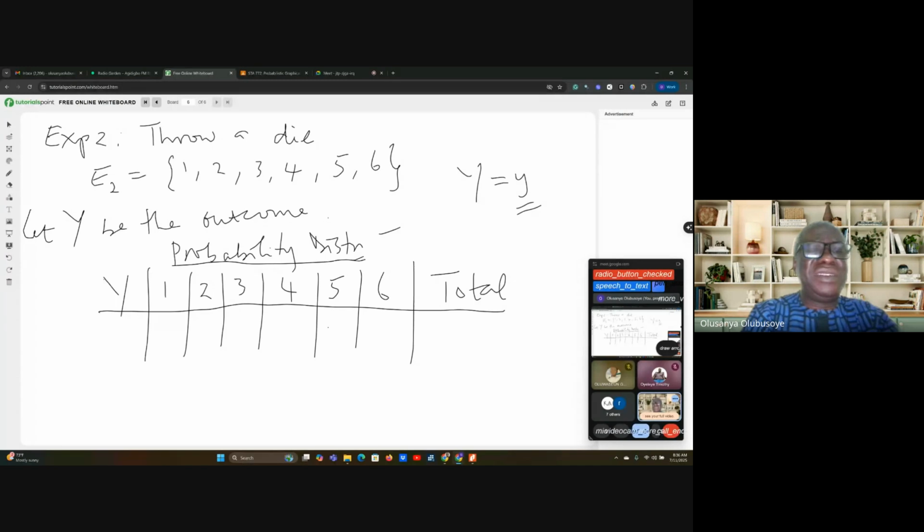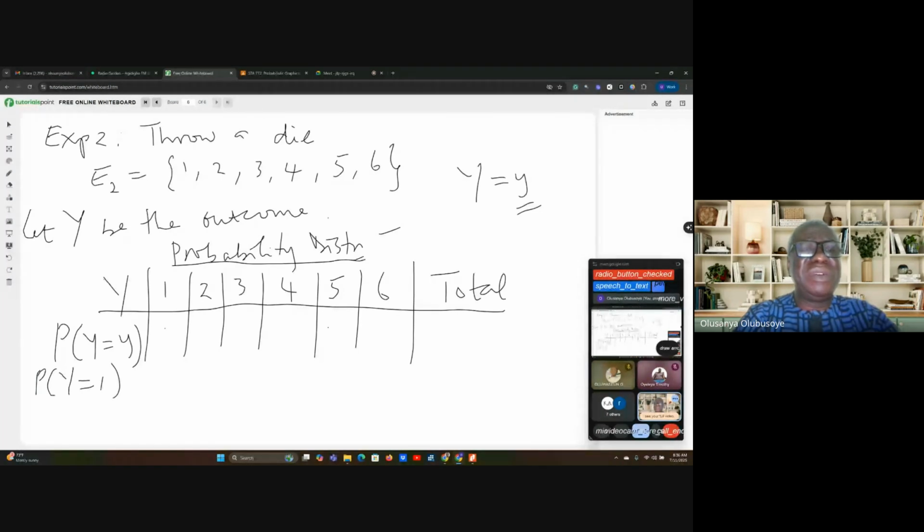On this row, you are going to have the probability of Y taking a particular realization. So here, I'm interested in the probability of Y being equal to 1, which means the favorable outcome I want is 1.